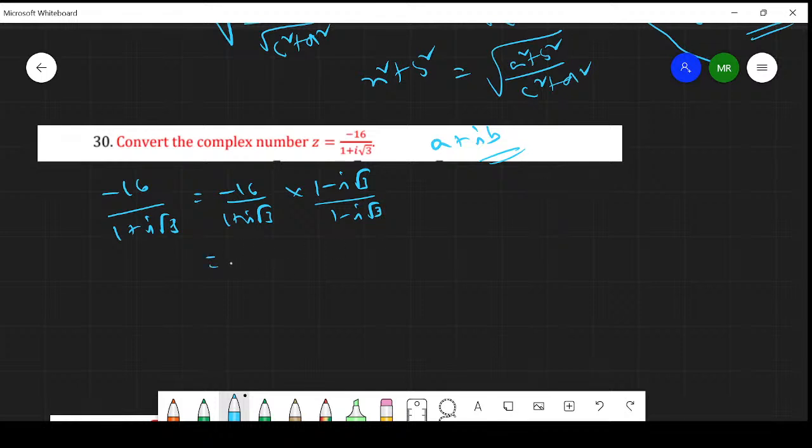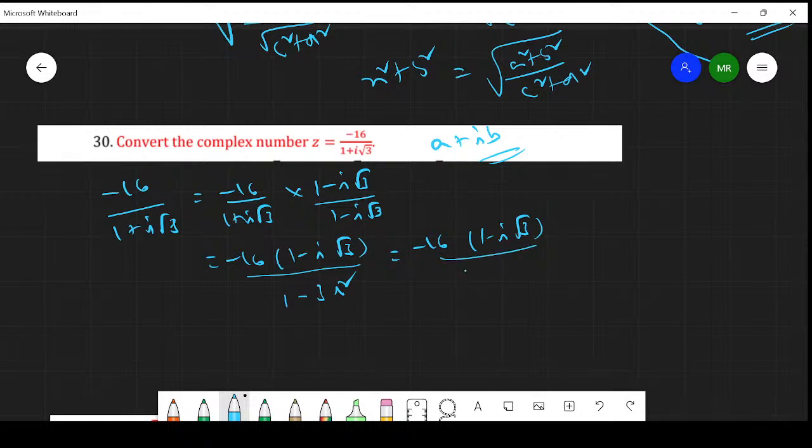Then it comes minus 16 into 1 minus i root 3 by, this will be a square minus b square, 1 minus root 3i whole square. Now it will be 1 minus 3 into minus 1, which is 4. Minus 16 into 1 minus i root 3 by 4, and 4 fours are 4. So 4 into minus 1 plus i root 3, this is the given complex number. I wrote 4 into it.